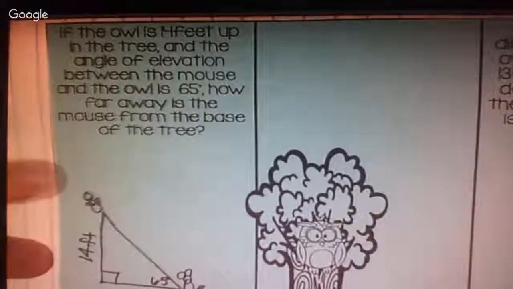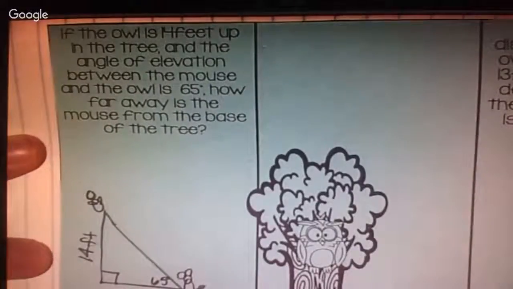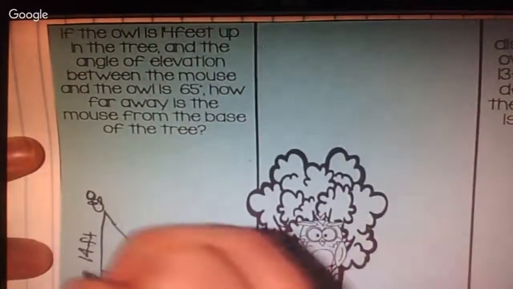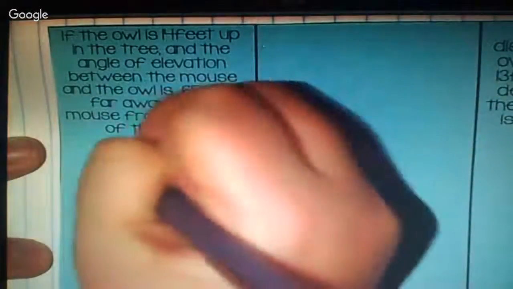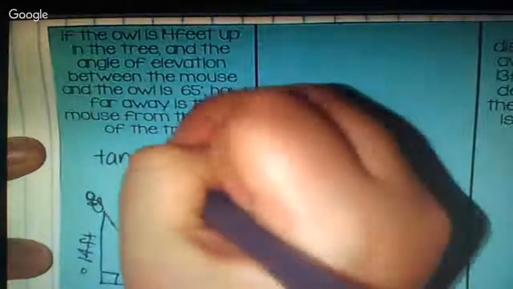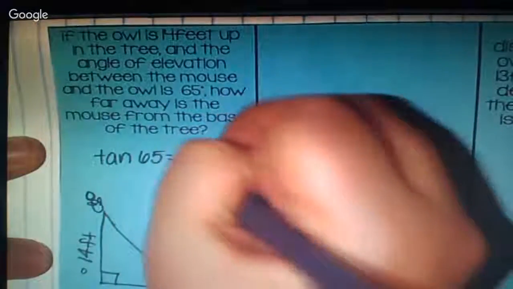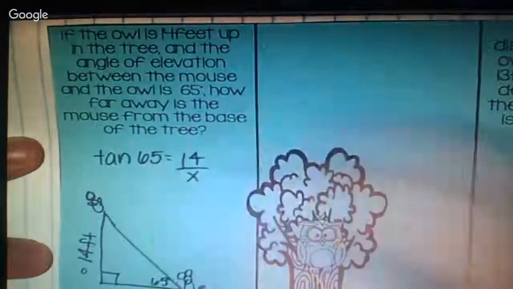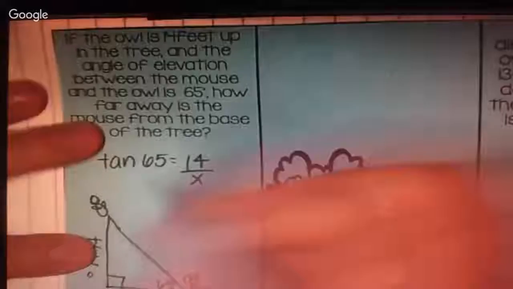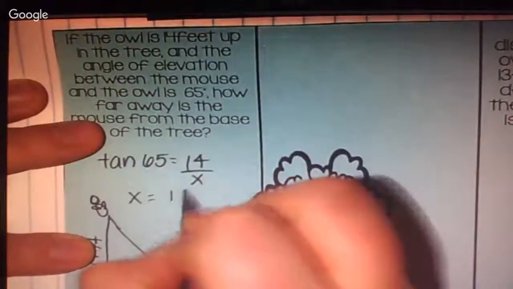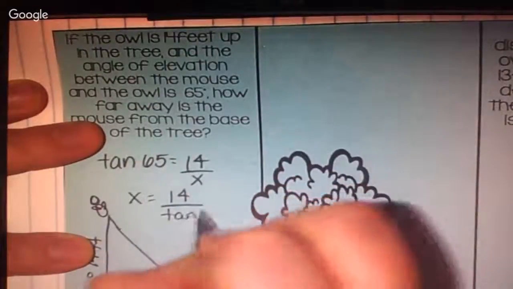So we've got opposite and adjacent, so we're using tangent. Good, TOA. So tangent of 65 is 14 over x. Most of you have probably figured out by now, when it's 14 over x, that means you need to divide. So my final answer then is x is going to be 14 divided by the tangent of 65.